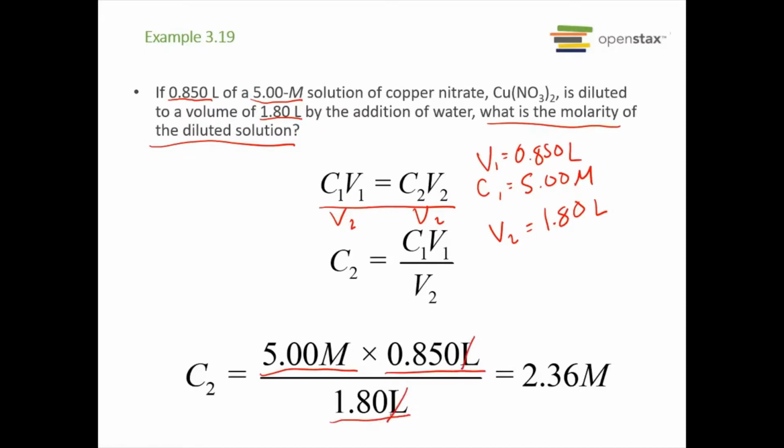You can see our liters cancel out, and we get 2.36 molar. It makes sense because we have a higher volume, so we should have a lower concentration. So make sure to think about this to make sure that your answer makes sense to you. If you go up in volume, you go down in concentration. If you go down in concentration, you go up in volume.